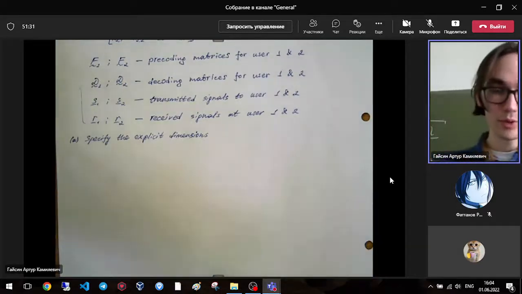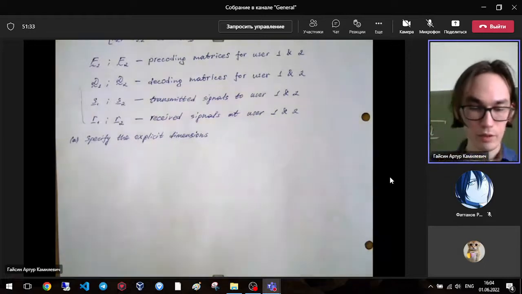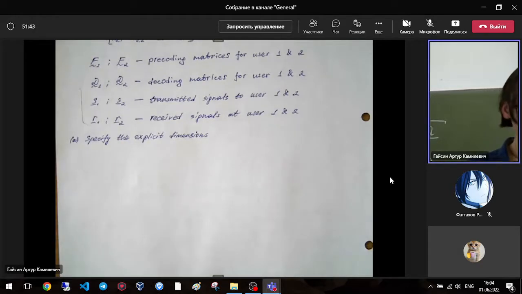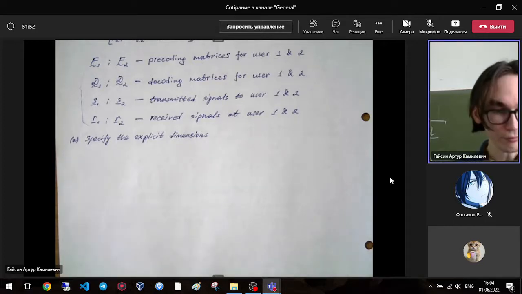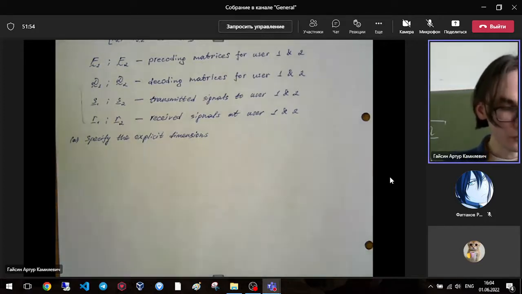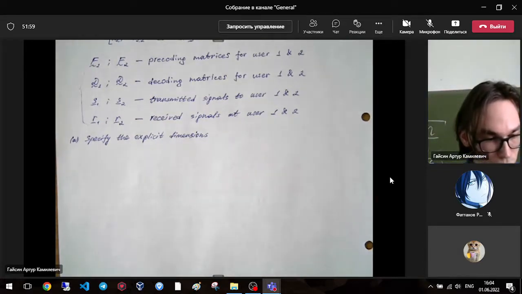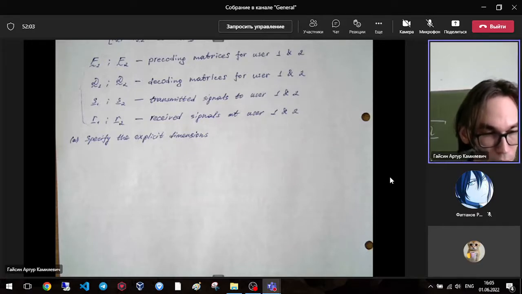So let's open in our textbooks or notebooks the part with multi-user MIMO, and what we can see here. So first, transmitted symbols is equal to the number of data streams.